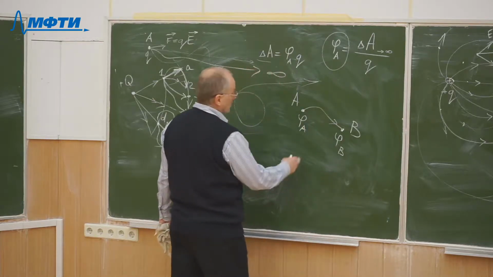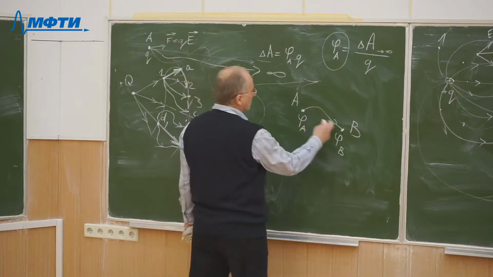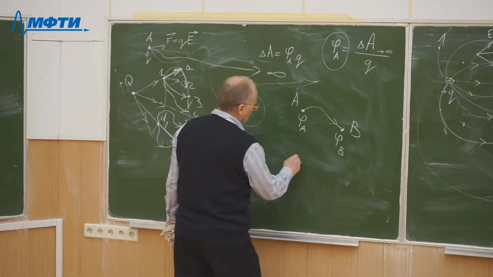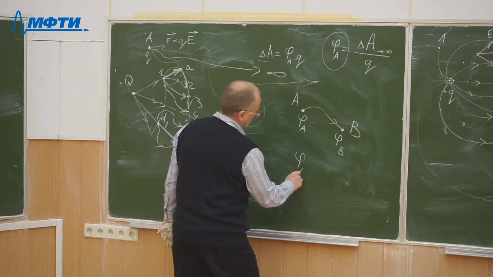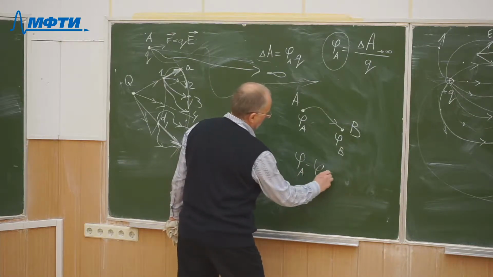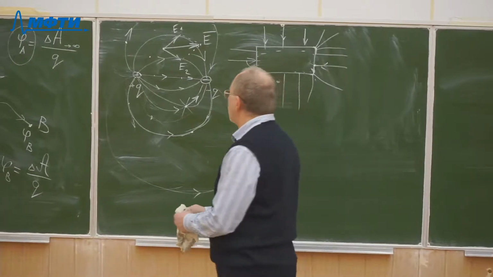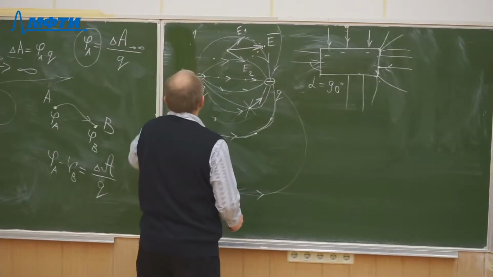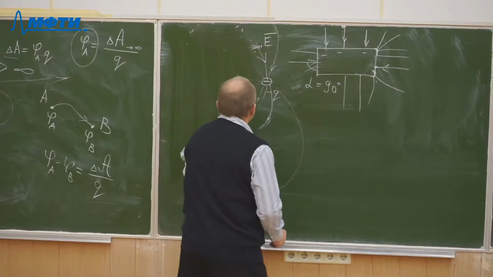By definition, the potential difference between these 2 points, phi A minus phi B, is defined by the work performed divided by the value of the probe charge. That is the definition of potential difference between 2 points in an electrostatic field.